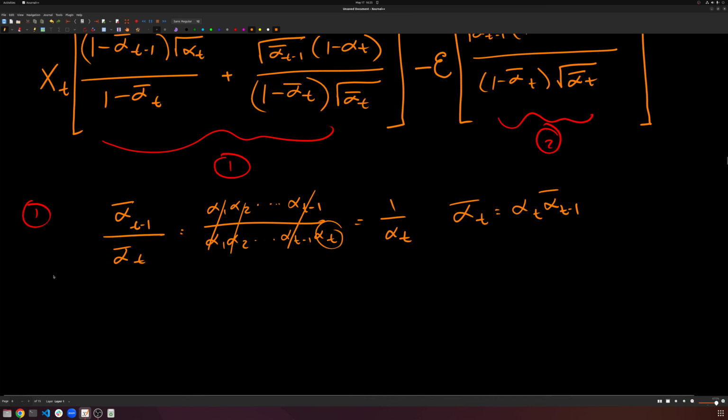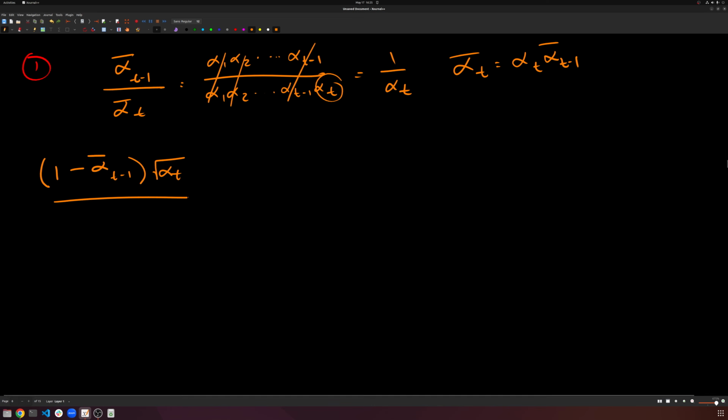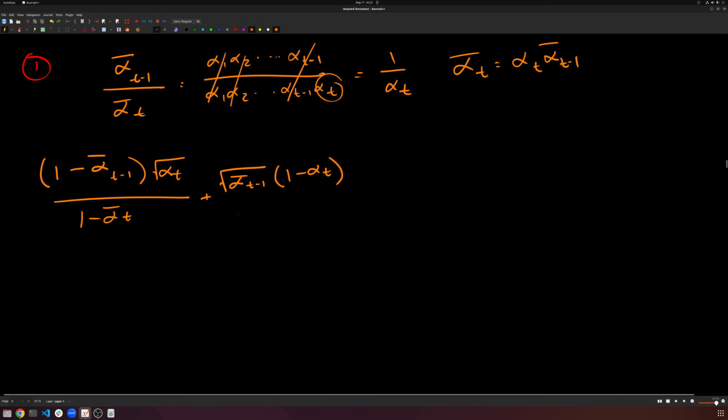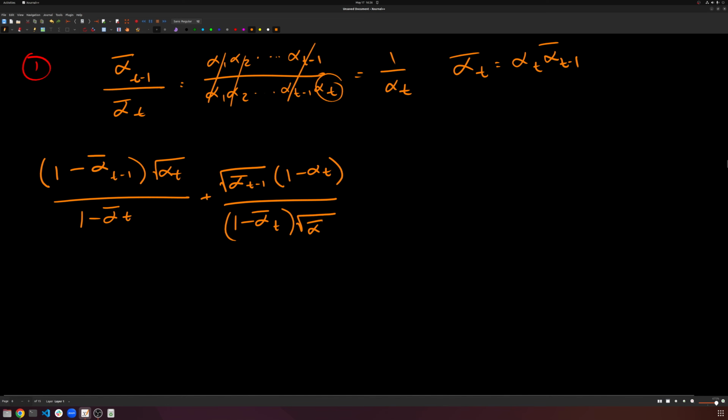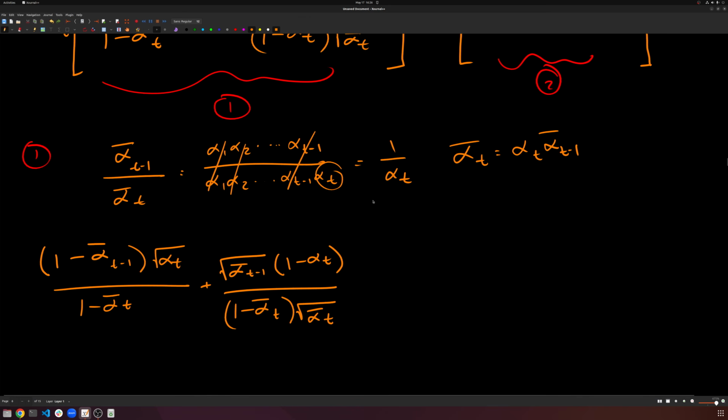It's going to be 1 minus alpha hat t minus 1 square root alpha t divided by 1 minus alpha hat t, plus square root alpha hat t minus 1, 1 minus alpha t over 1 minus alpha hat t, square root alpha hat t. So that's what we had from earlier, right? Yeah, that looks all correct.